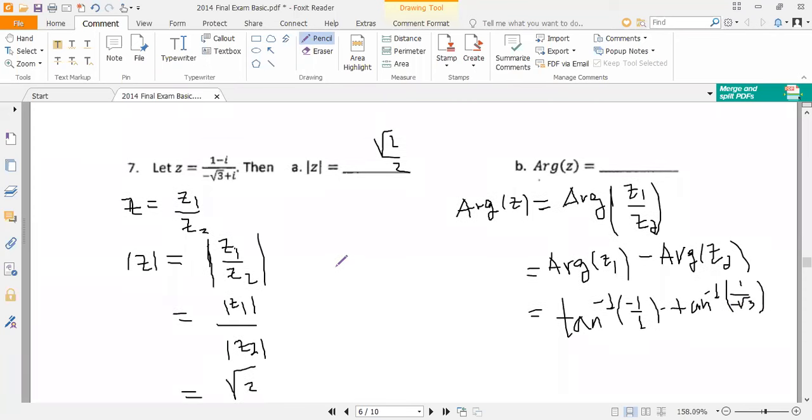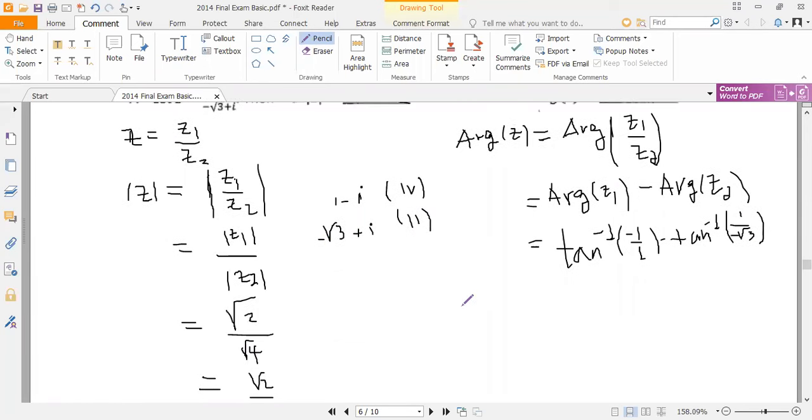Clearly, 1 minus i is found in the fourth quadrant, and minus radical 3 plus i is found in the second quadrant.